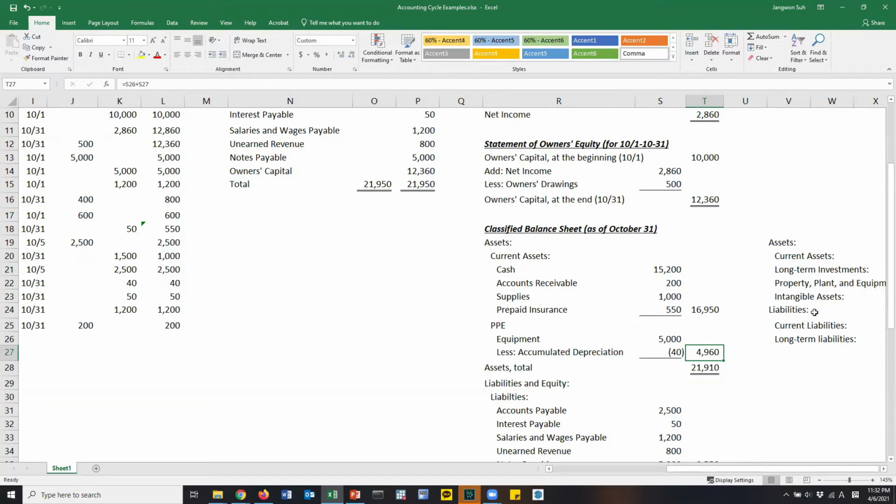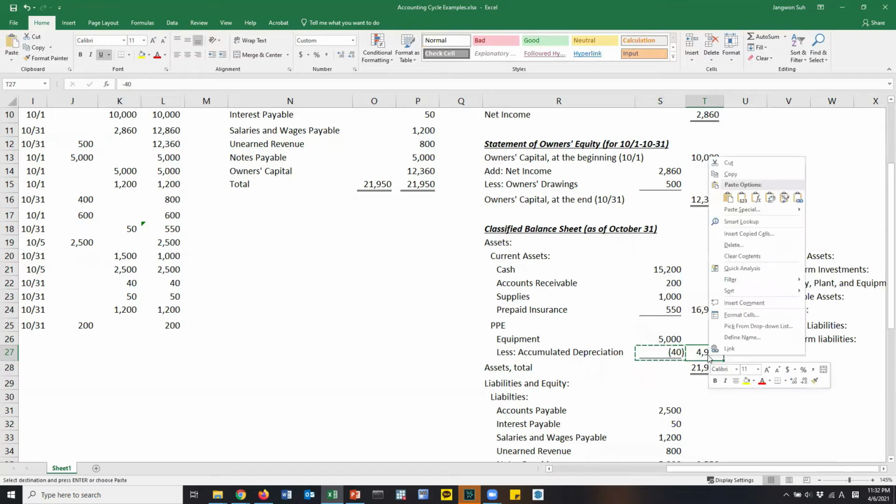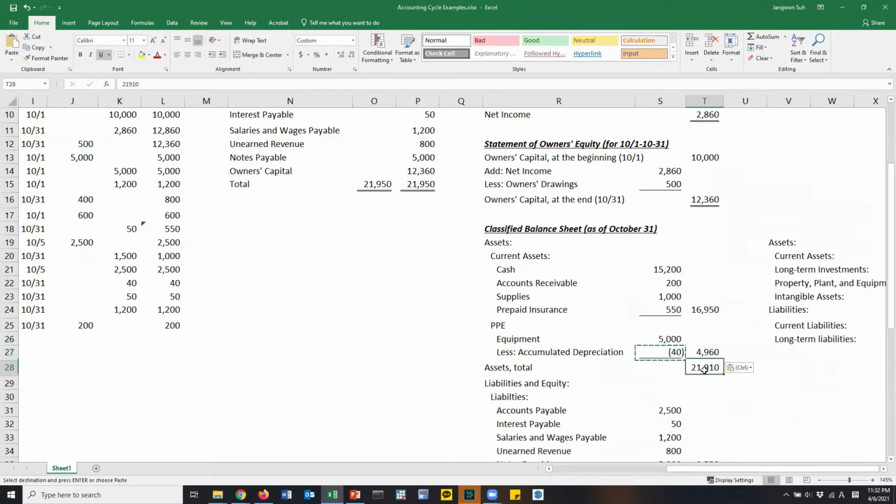And we don't have, in this simple example, any intangible assets. So you sum the current assets total and PP&E total so that you have assets total.